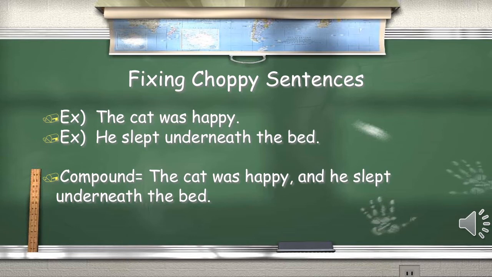For example, the cat was happy. He slept underneath the bed. These are short sentences. You can join these two sentences by making a compound sentence. The cat was happy, and he slept underneath the bed. So we have two simple sentences joined together by a comma and a coordinating conjunction, and.